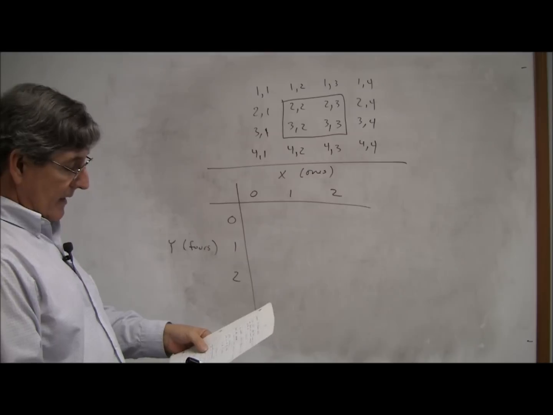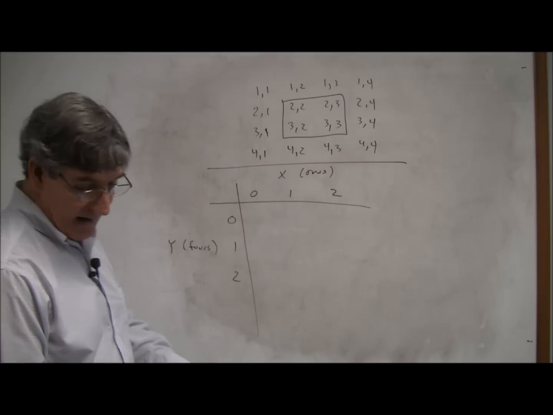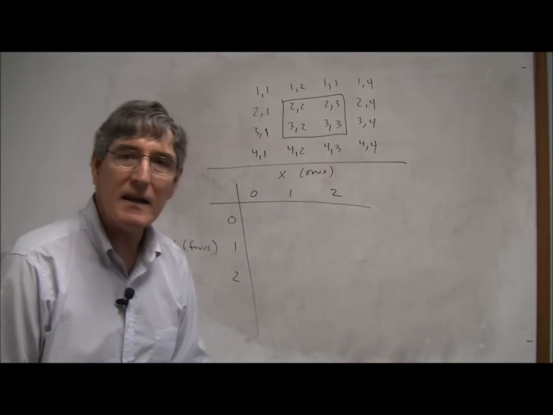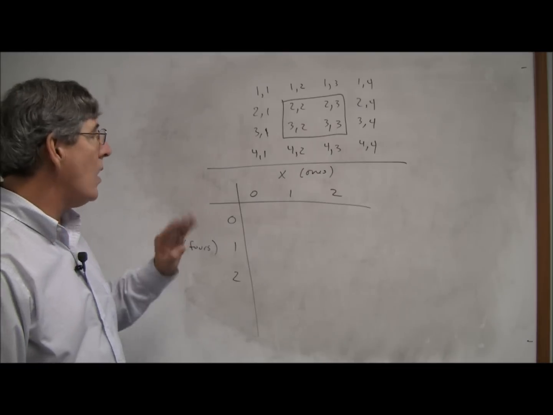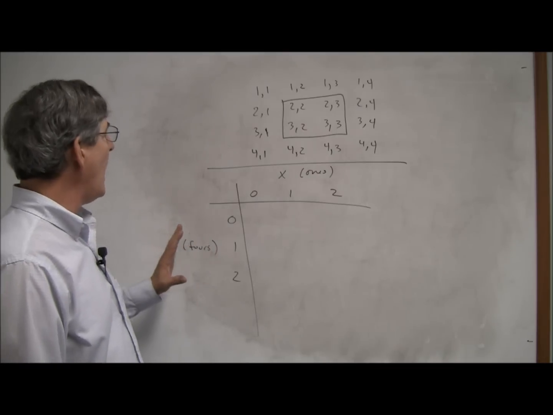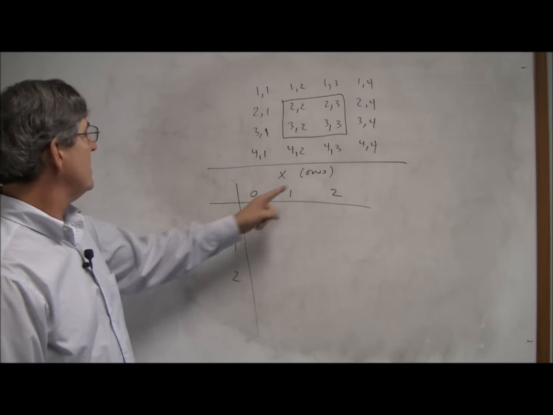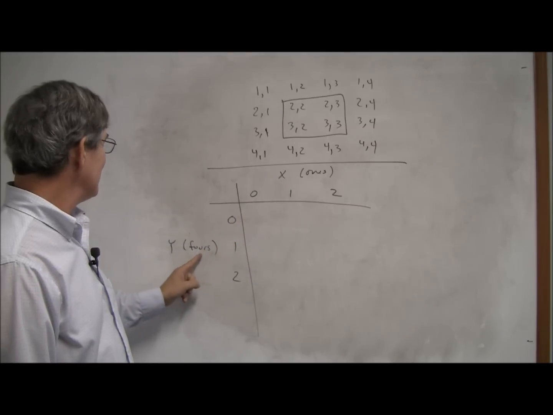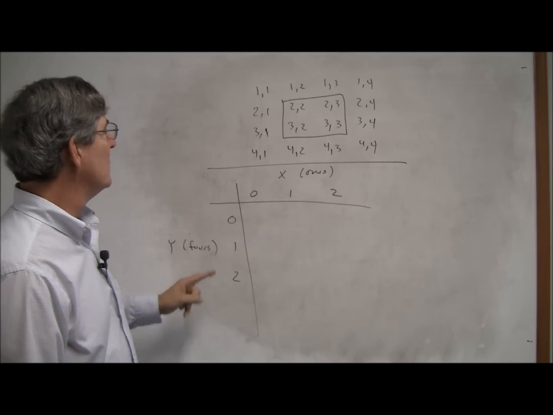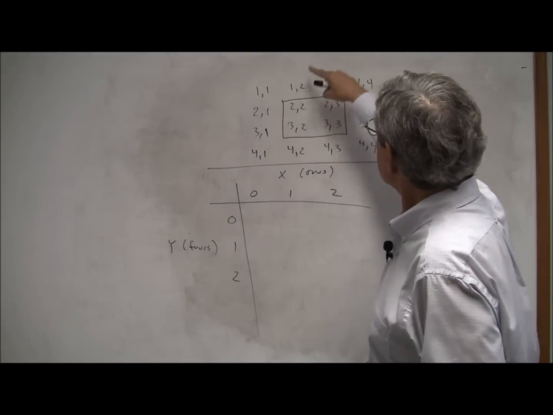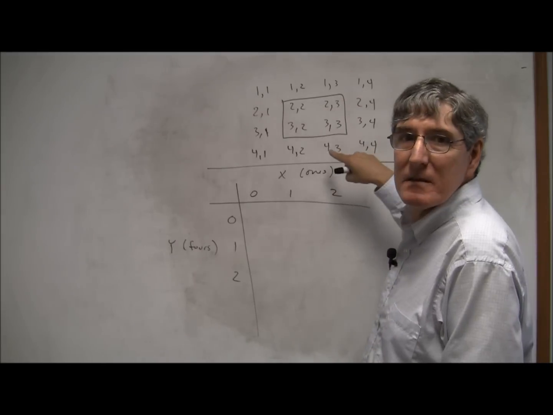So how likely is it that we're going to get no x's and no y's? No 1s and no 4s. Well, we can see there's 16 possible outcomes.